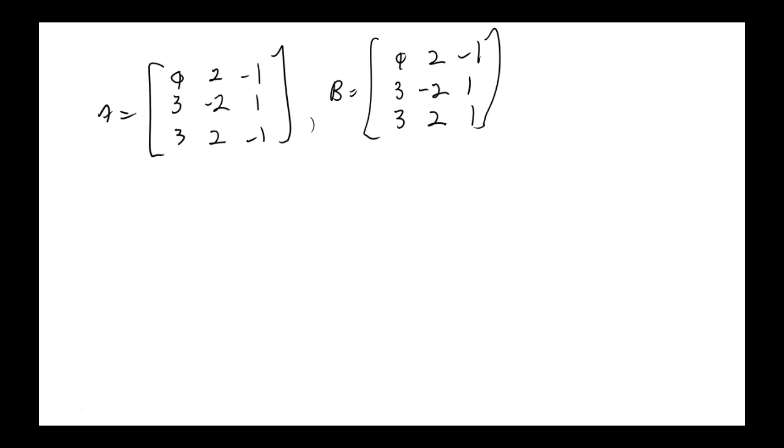Now, it just says, can you tell which of these two matrices is invertible? Frankly, they could both be invertible, they could both be non-invertible, or one could be invertible and one not. Well, I'll tell you something. Just looking at the two matrices, if you look at the second column and the third column of matrix A, you see they're a multiple of each other.